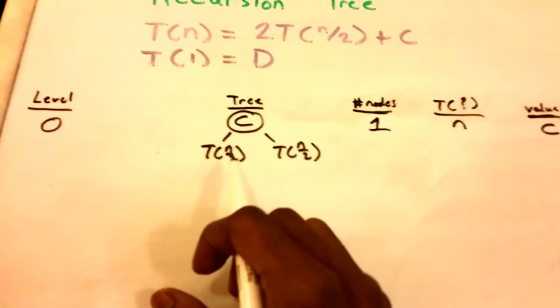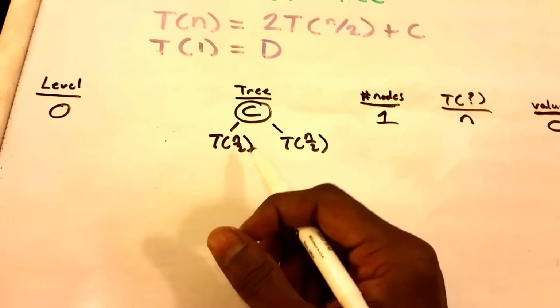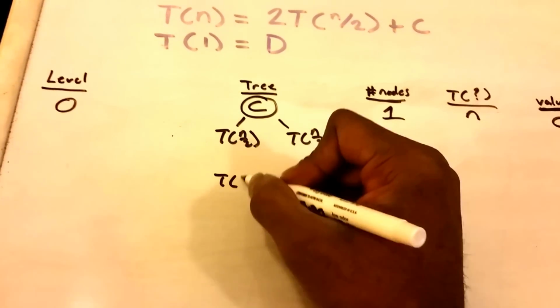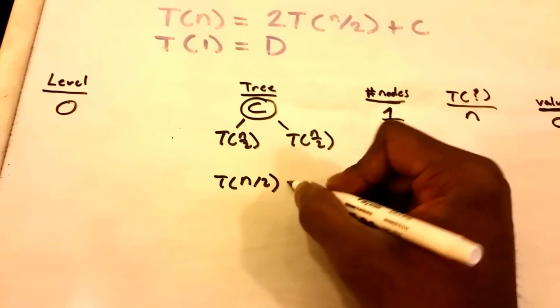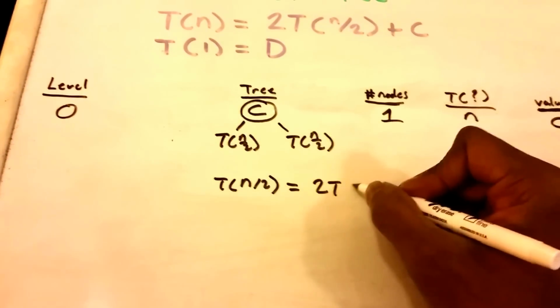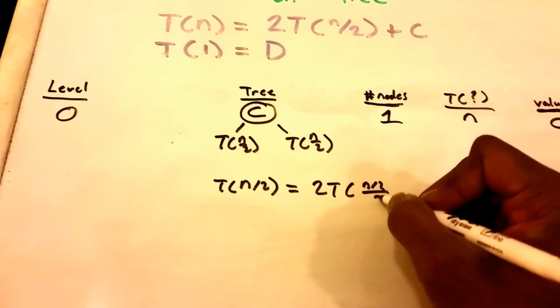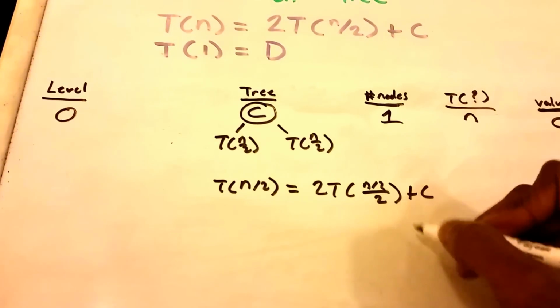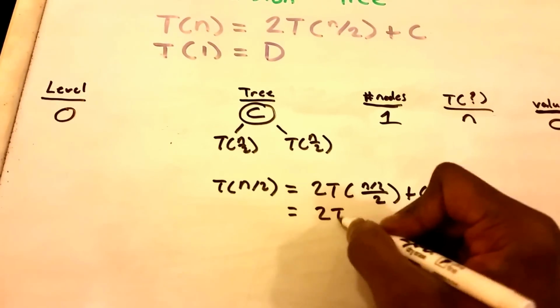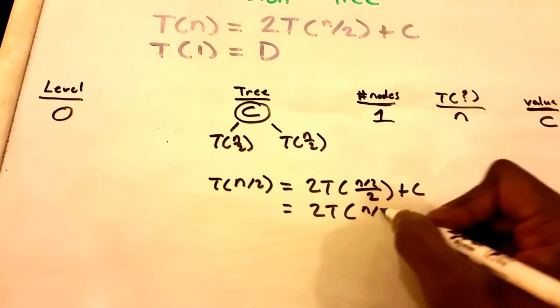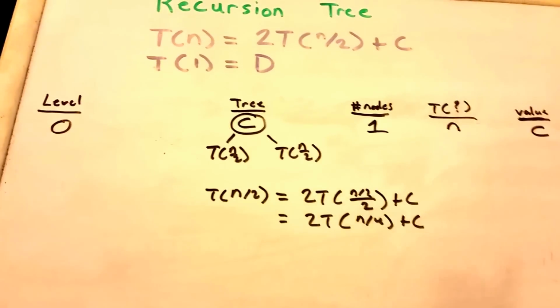So then we need to figure out what T of n divided by 2 returns. Well, if we rewrite our recurrence relation, T of n divided by 2 equals 2 times T of n divided by 2 plus a constant. And this, of course, is equal to 2 times T of n divided by 4 plus some constant.